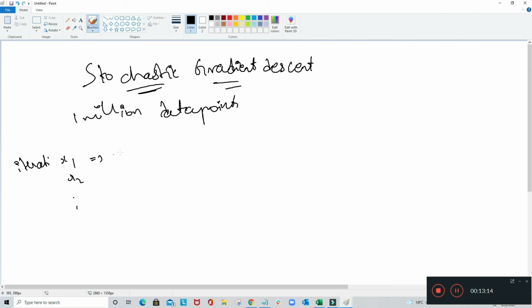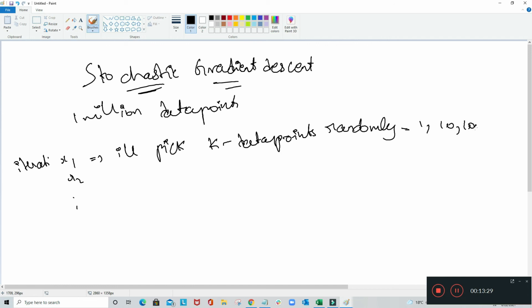For each iteration I'll pick k data points randomly. This could be say 1, 10, 100, 1000 or 10k, whatever we have to define.